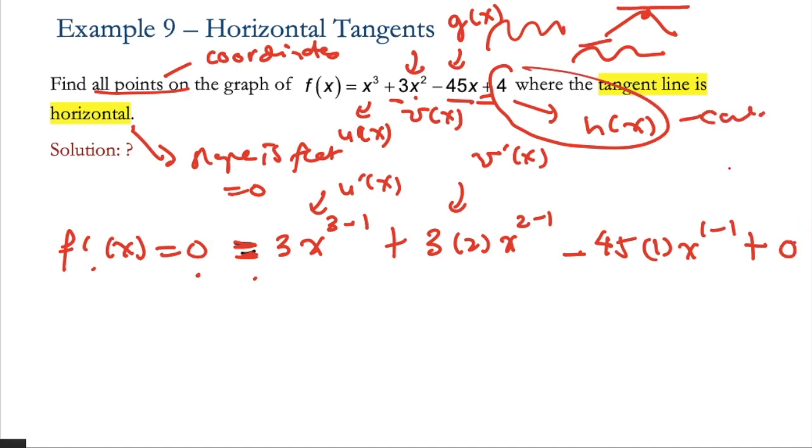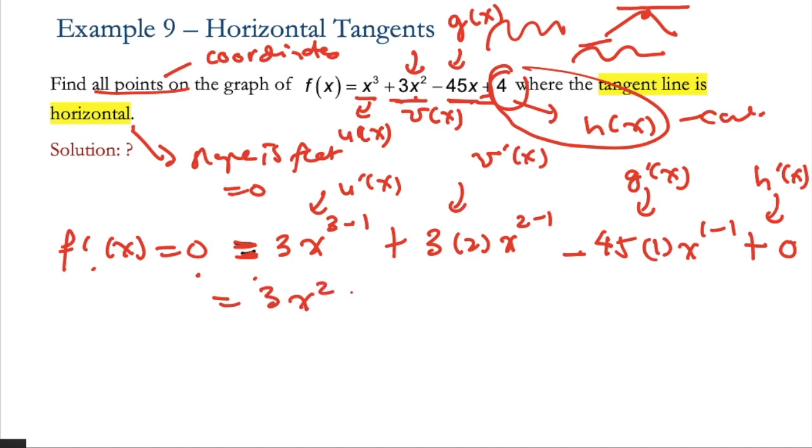So here it becomes 0. So this one is power, this one coefficient, this one also coefficient, the last one is constant. So this one is actually h prime x, isn't it? This one is actually g prime x, isn't it? Alright, so now you can simplify it further.